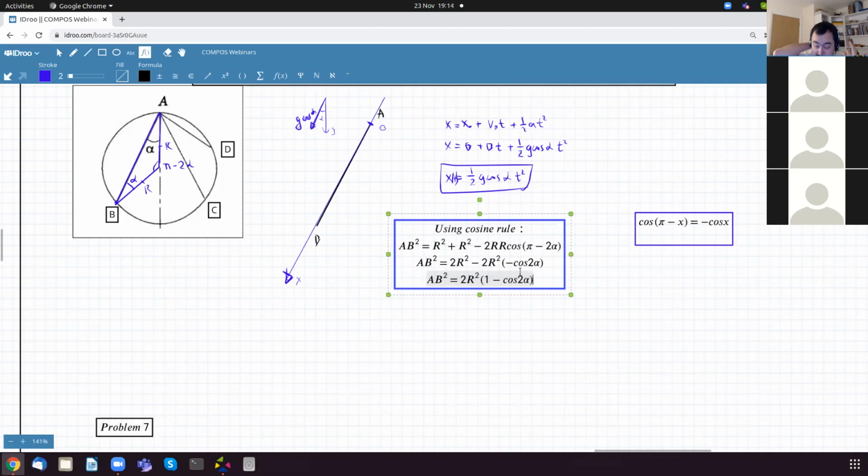So we just factorize it. Now we remember that cosine 2 alpha is equal to 2 cos squared alpha minus 1. This is one of the formulas. So we plug that into here.